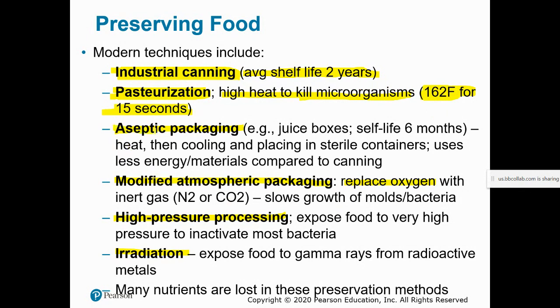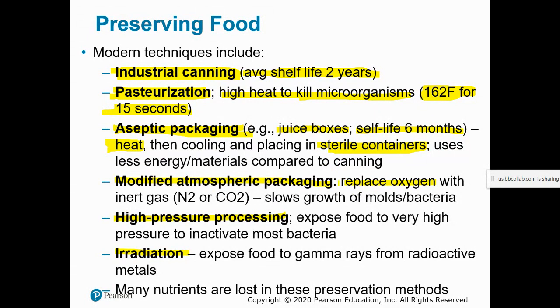Aseptic packaging is another technique that is commonly used for like little juice boxes. This should say shelf life is usually about 6 months with aseptic packaging. So again, it's sort of a heating process to try to kill off any microorganisms, also using sterile containers. So this is sometimes used in place of canning.